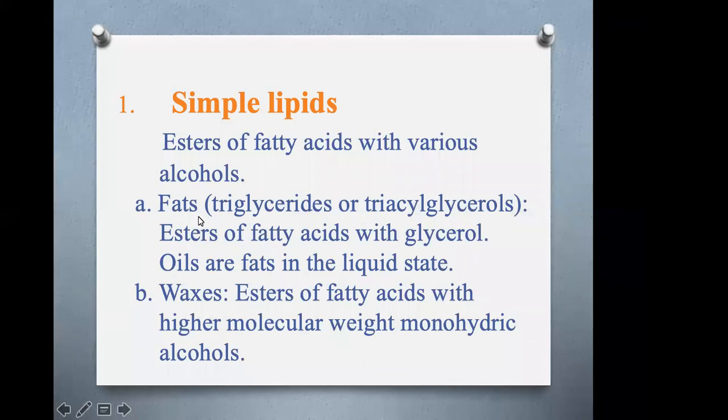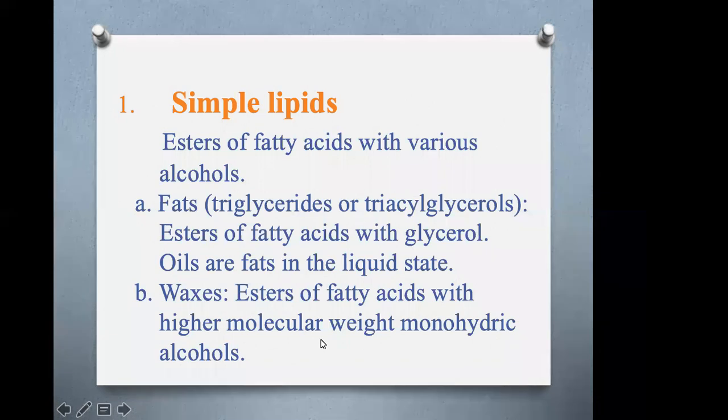Fats are composed of triglyceride, or triacylglycerol, esters of fatty acid with glycerol. Oils are fats in the liquid state, and fats are not in the liquid state. Waxes are esters of fatty acid with high molecular weight monohydric alcohol.